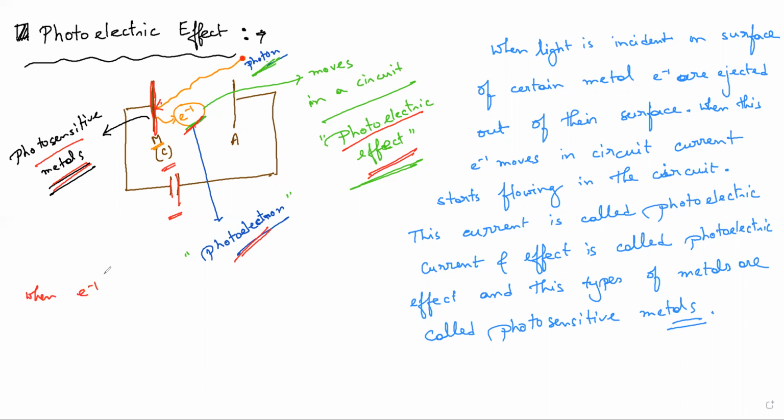Okay, so in short: when electron moves in a circuit, current generates, known as photoelectric current.